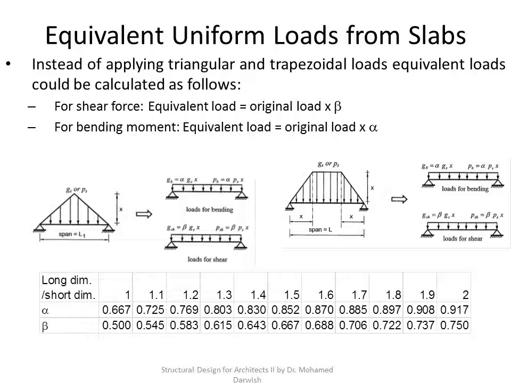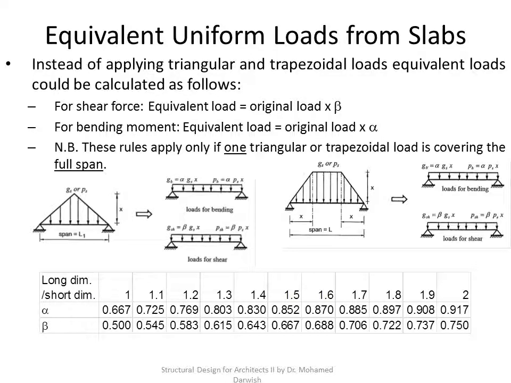You could see that if it is a 2, it starts approaching 1, which means that it's nearly a one-way system. And again, these rules apply only if there is one triangular or one trapezoidal load covering the full span.